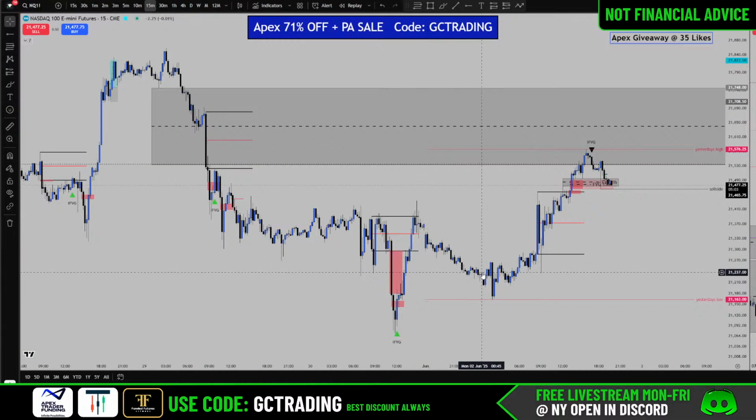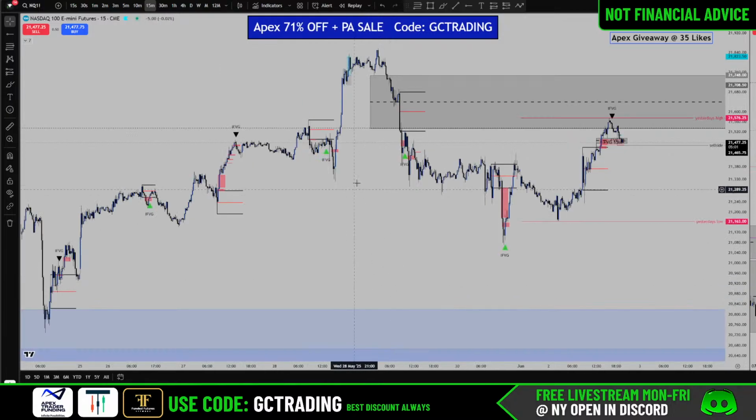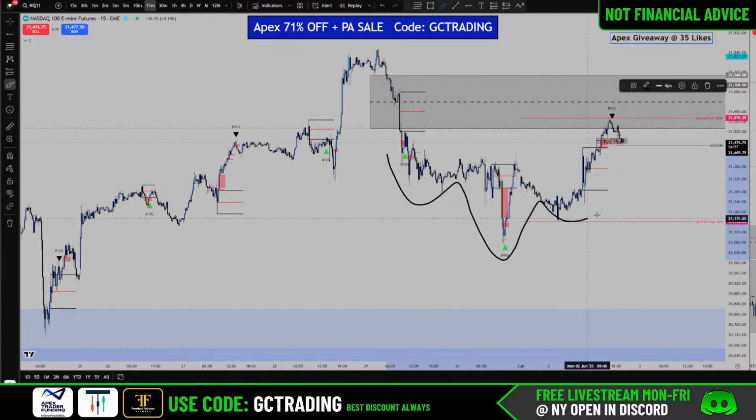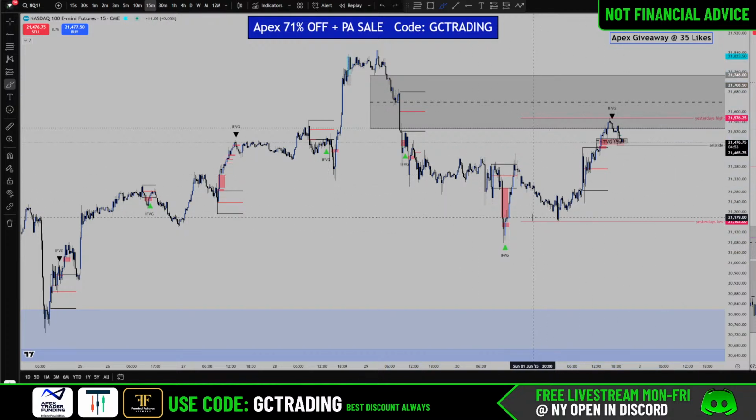I don't know when, but this right here does look kind of bullish, right? But we could definitely pull back. It's in a very tricky spot right now, kind of right in the middle for me.